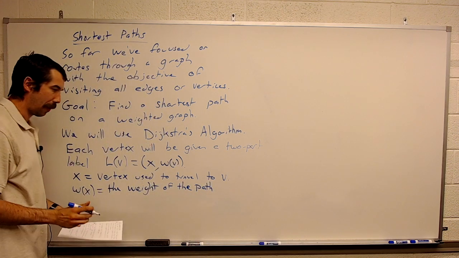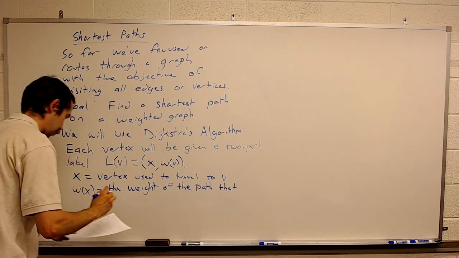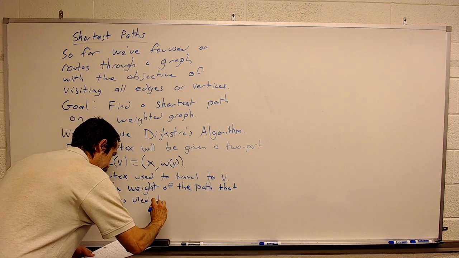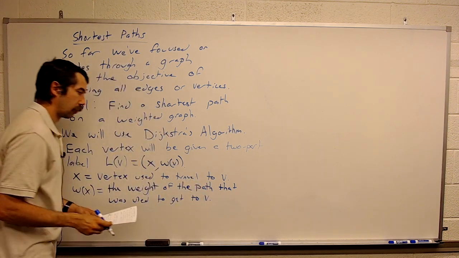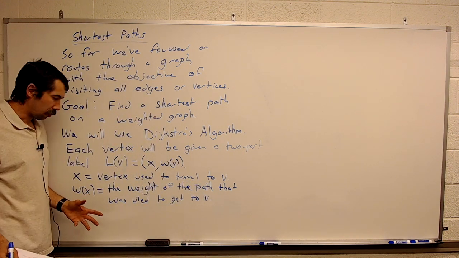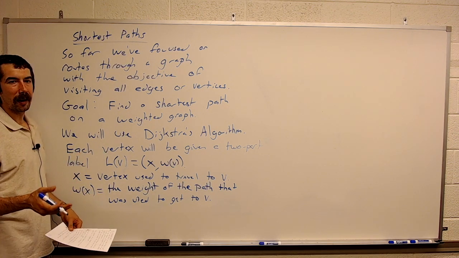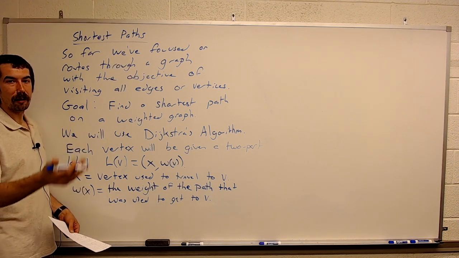So it's the weight of the path that was used to get to V. All right, so when we do this algorithm, all of our edges are going to be labeled with the weights, and then all of our vertices are going to get these labels that update throughout the problem.